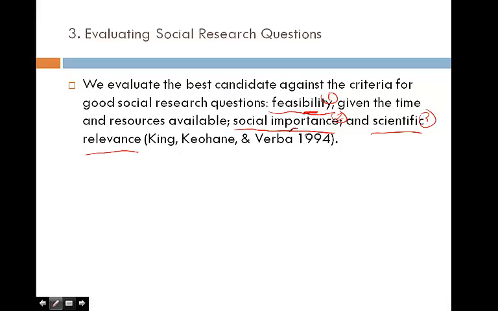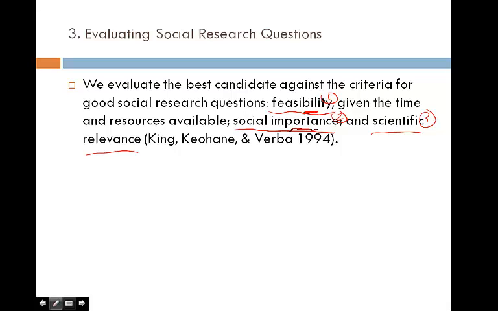Secondly is social importance. Does it have any social importance? For example, if we want to study how many commas are in a book, probably it does not have that much social importance. But if we want to study to what extent social media shape our relationships, I think that will have much more social importance.